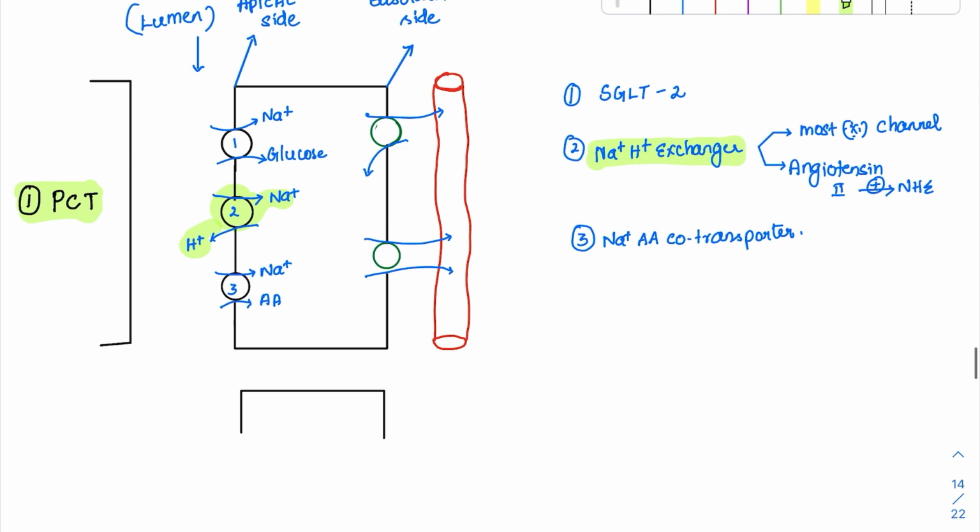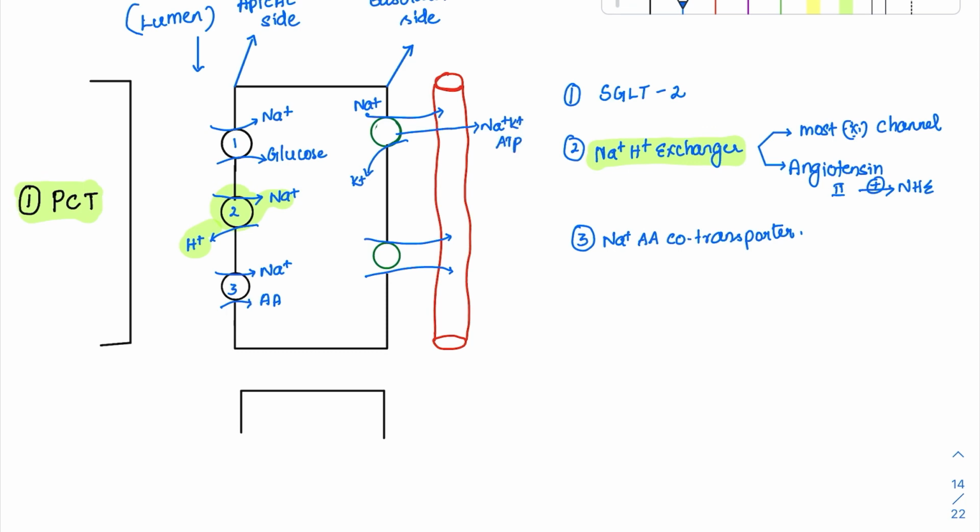Now coming to the basolateral side, most of the apical channels are secondary active transports, so we need energy from the basolateral side, and the energy is usually provided by the sodium potassium ATPase. That is the classical channel, and we will find it in many segments of the nephron.